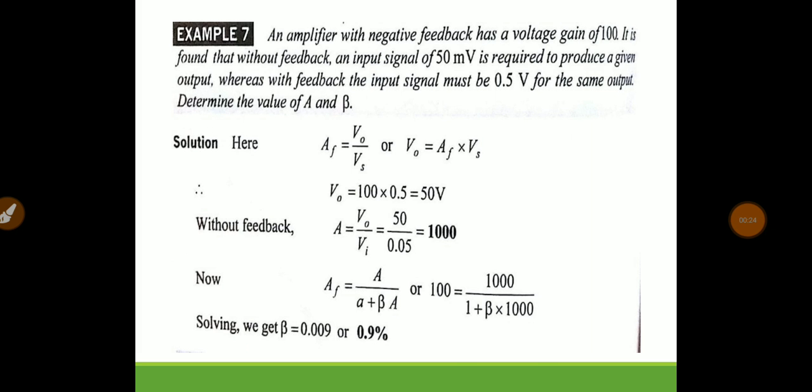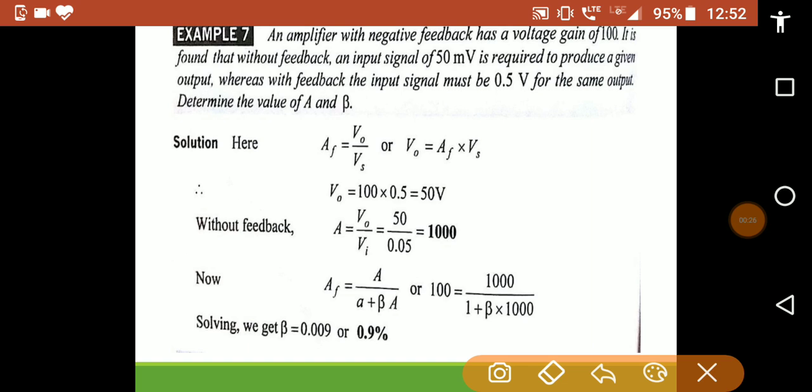In this problem, an amplifier with negative feedback has a voltage gain of 100.